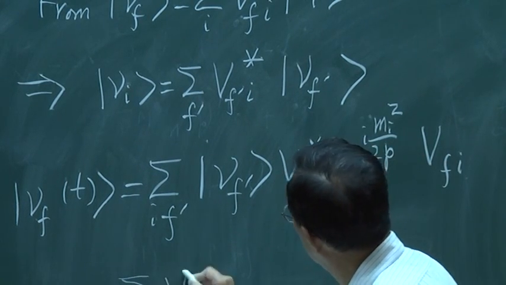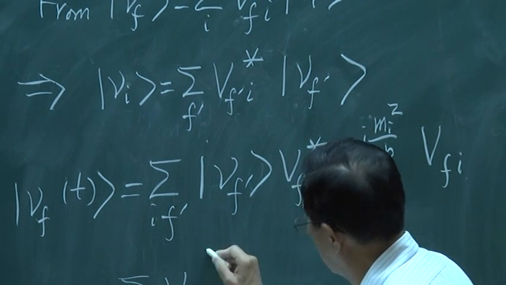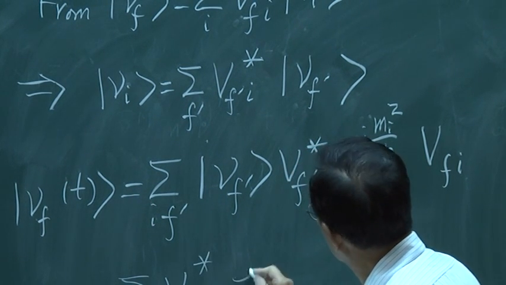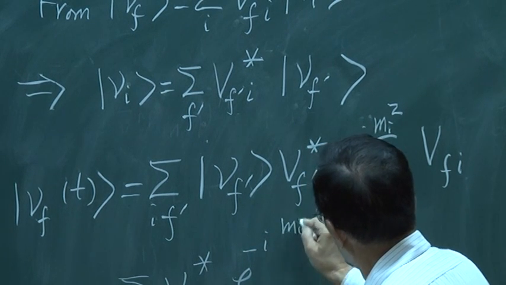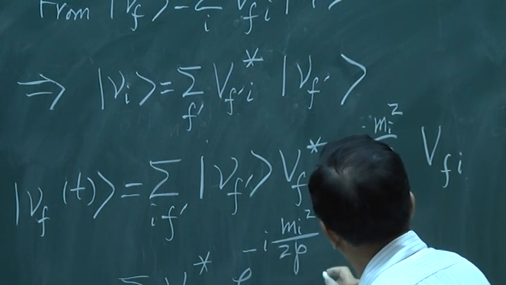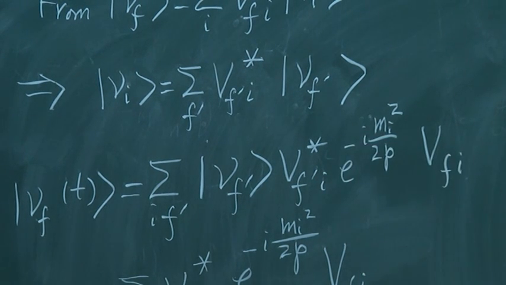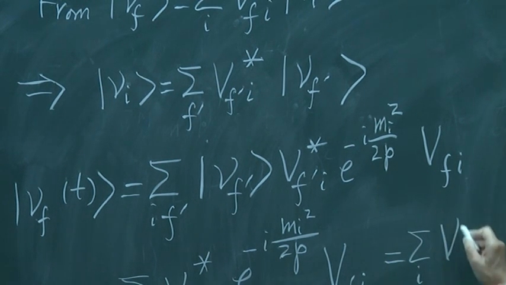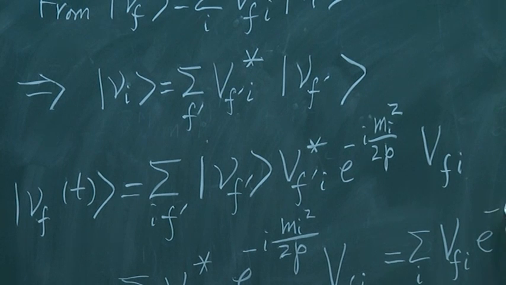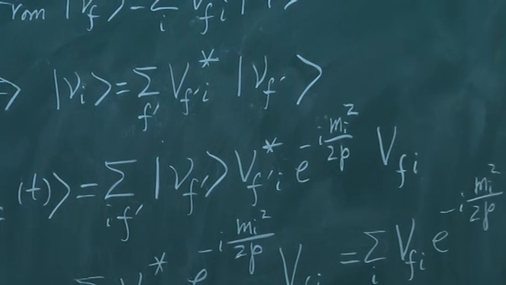Sum over I of V f I, V f I complex conjugate, and then e to the minus i m_i squared divided by 2p, and V f I. So this will be equal to the sum over I of V f I, e to the minus i m_i squared divided by 2p, and I'm going to write this as V Hermitian conjugate, and then V f I. Right?